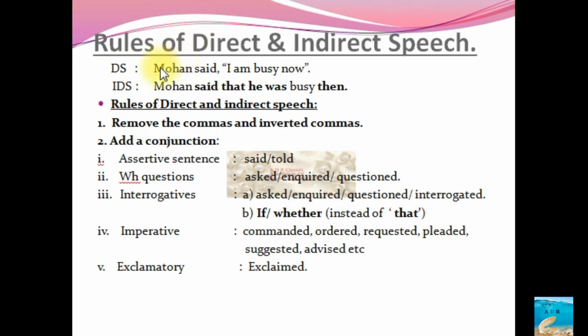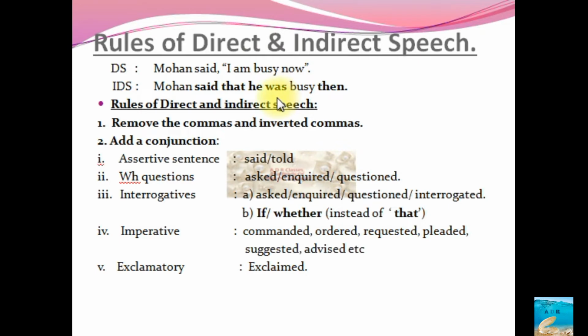You need to understand that the inverted comma plays a vital role in direct speech. There may be an inverted comma, or there may not be an inverted comma, in the direct speech. However, if there is an inverted comma in the direct speech, in the indirect speech you are supposed to remove the comma as well as the inverted comma.